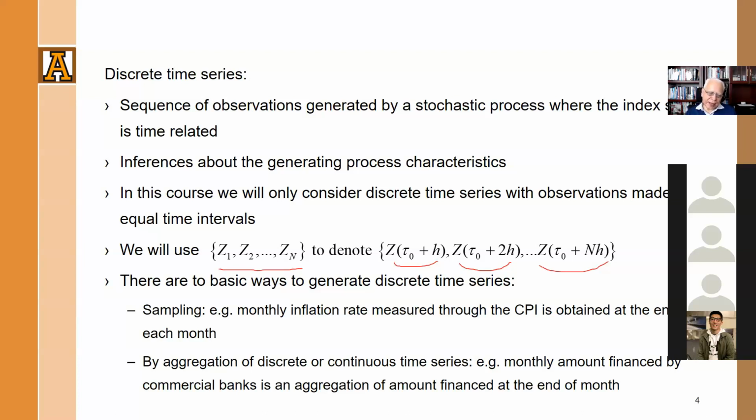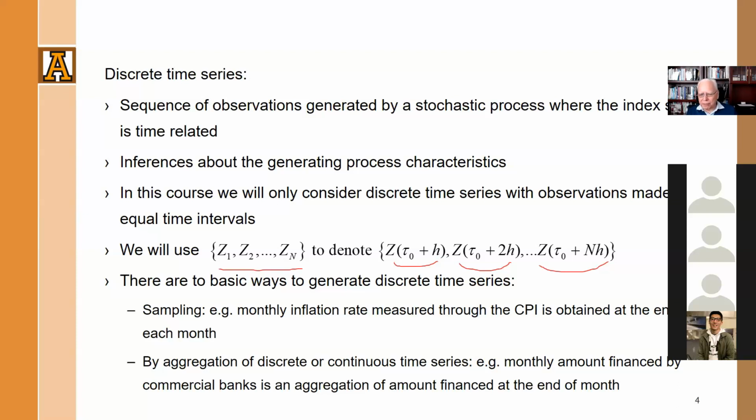We could also get a discrete time series by aggregation of a continuous time series. For example, the monthly amount financed by commercial banks is an aggregation. If you consider all the banks, say in Mexico, they are constantly financing amounts at different periods of time, so I could consider that a continuous stochastic process.